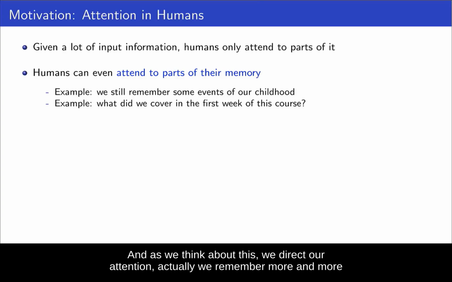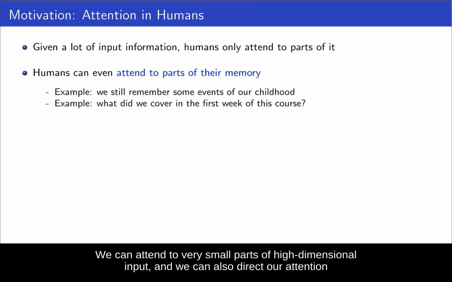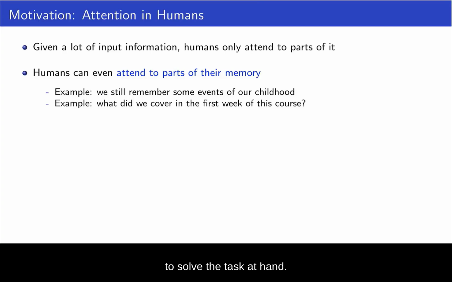And as we think about this, we direct our attention, and we remember more and more things about what we covered then. So that's a very powerful principle that we as humans use. We can attend to very small parts of high dimensional input, and we can also direct our attention to solve the task at hand.